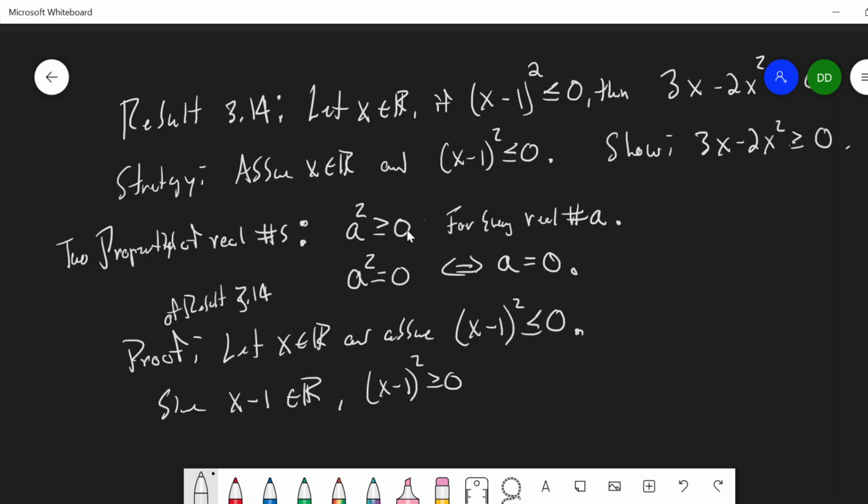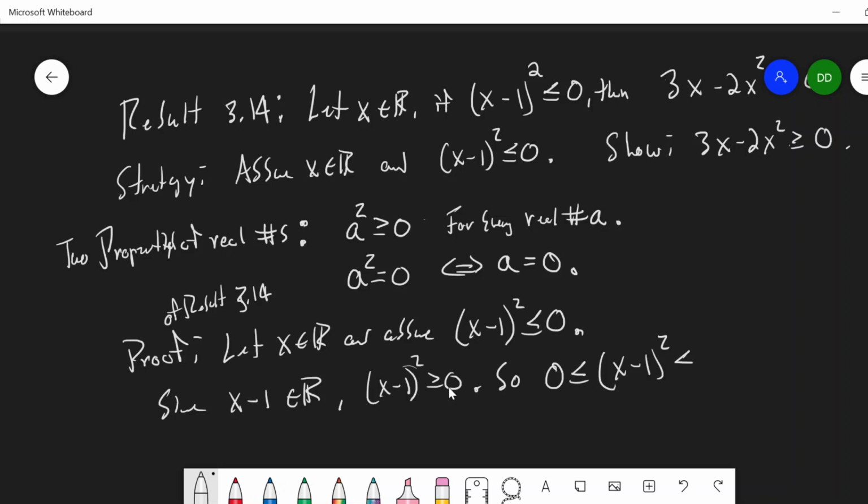I'm using this property of real numbers here, so I've used that in my proof. This statement follows from the previous one because of this property of real numbers. So x minus 1 squared is both greater than or equal to 0 and less than or equal to 0. I have 0 is less than or equal to x minus 1 squared, that's this here.